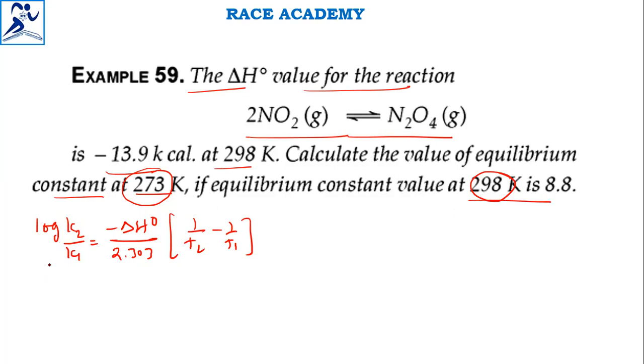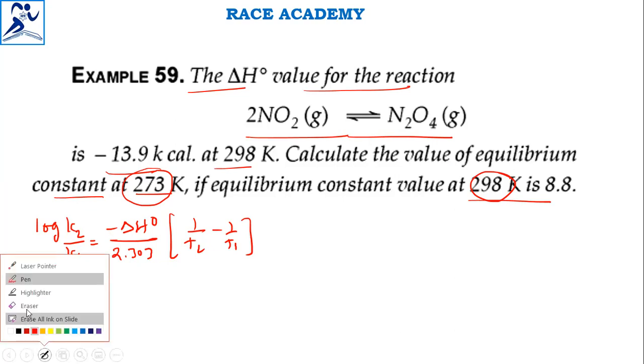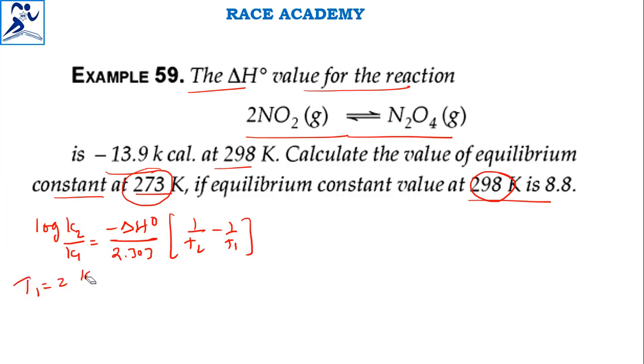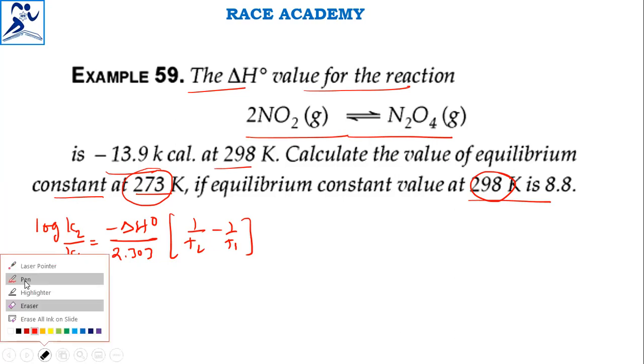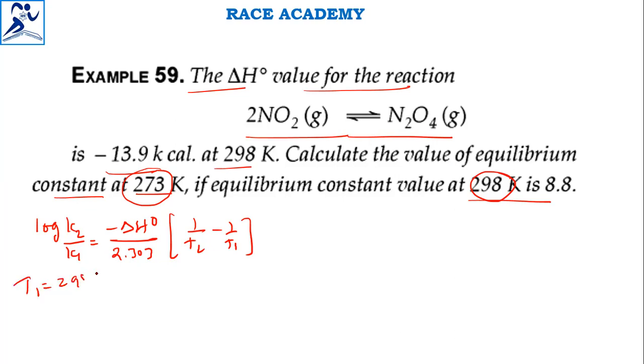All that depends upon our considerations. Suppose I take T1 as 298 Kelvin and T2 as 273 Kelvin, and K1 is 8.8. K2 I don't know, that is the question mark at 273 Kelvin.